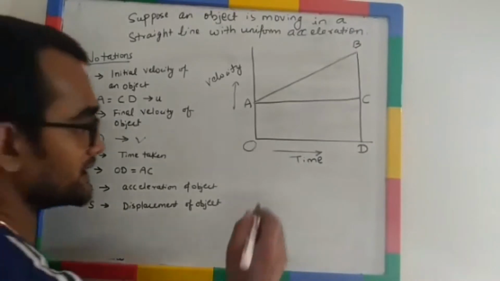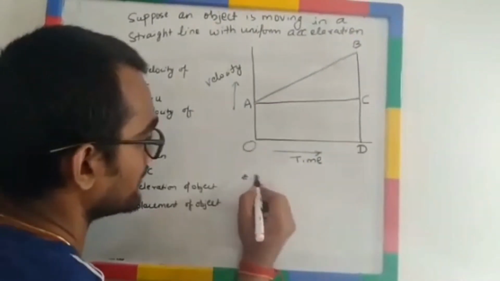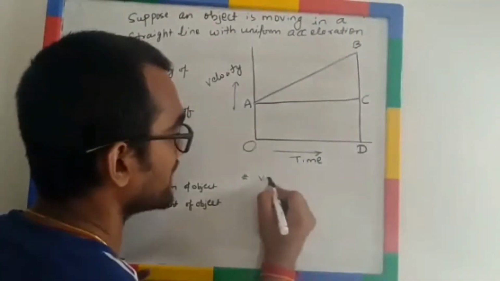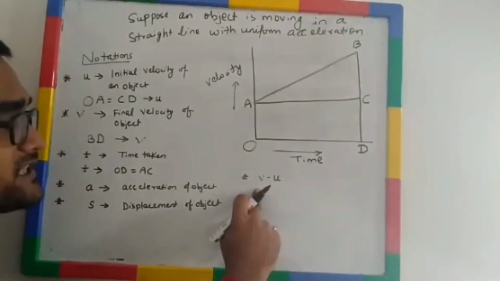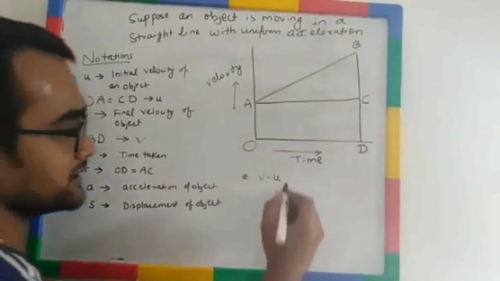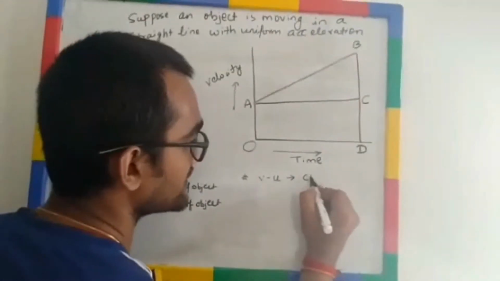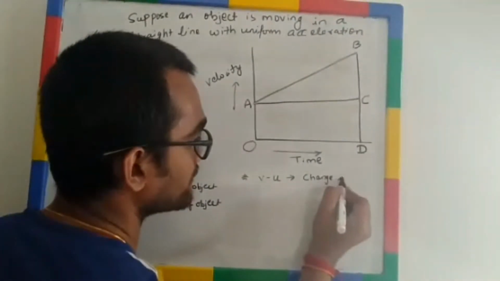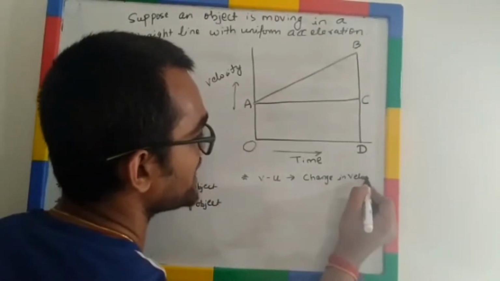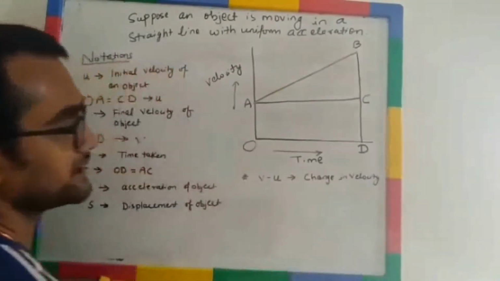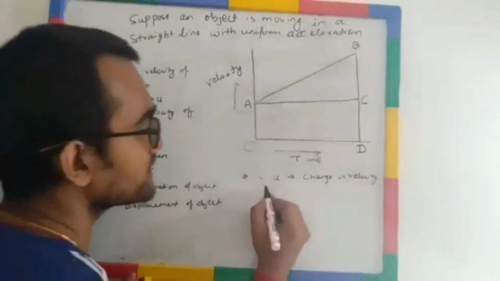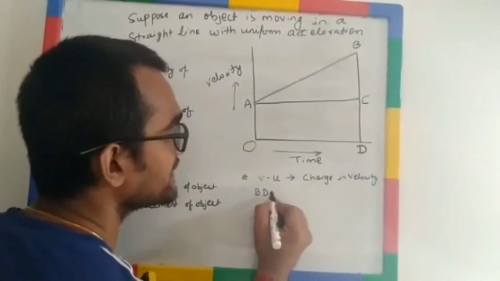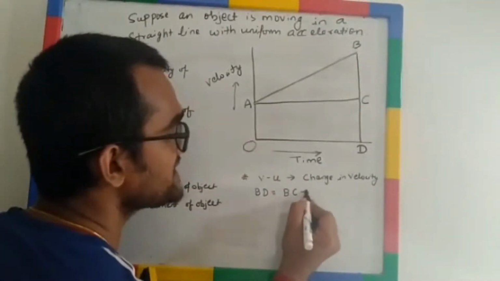And the last one is V minus U. Final velocity minus initial velocity. This can be termed as change in velocity. In this diagram, what is V minus U? As you can see, BD is equal to BC plus CD.